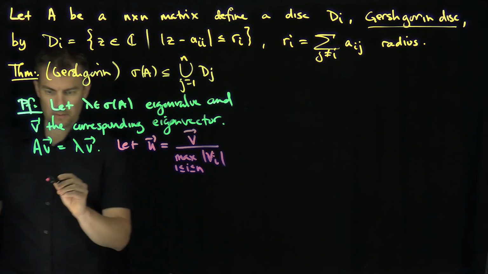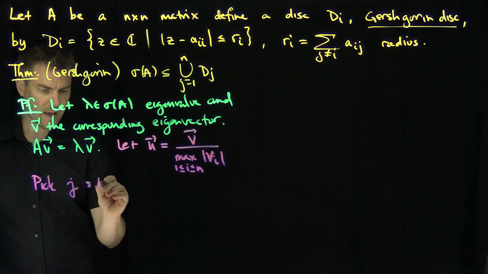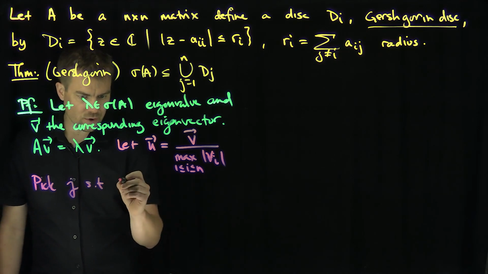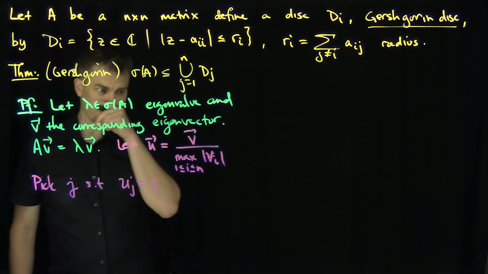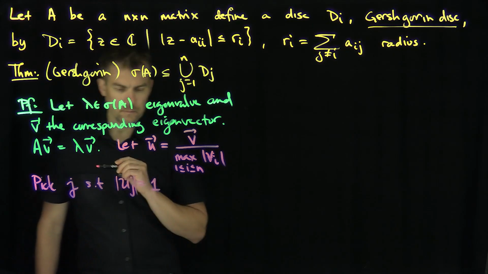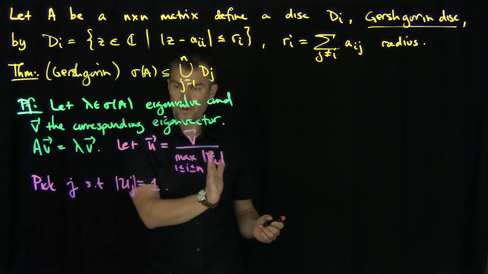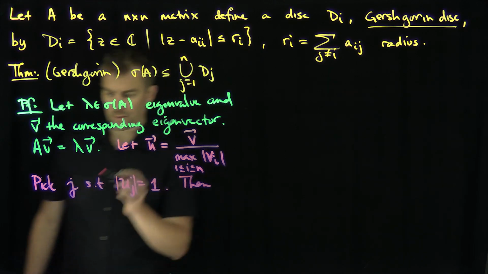So let's pick j such that the maximum is attained as well. Pick j such that the absolute value of u_j is equal to 1. Great. Now we're using the sum along the jth row. Then, of course, u is also an eigenvector.